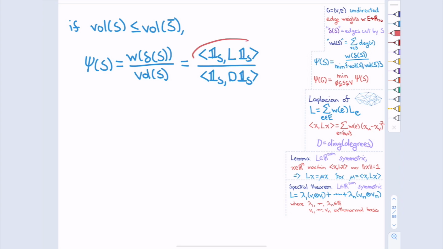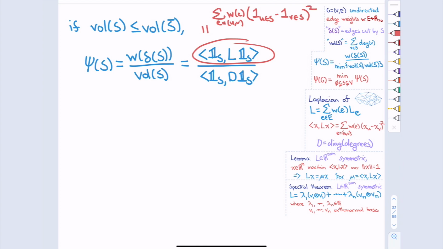If I look at this expression, this is equal to summing over all the edges E equals UV, the weight of E, times a 1 if U is in S, minus a 1 if V is in S, otherwise it's 0. Okay? So, squared.